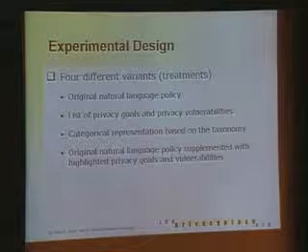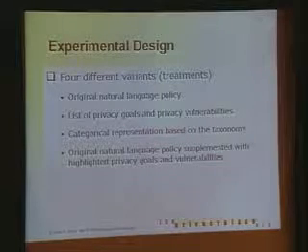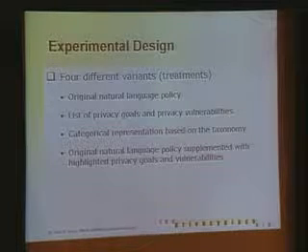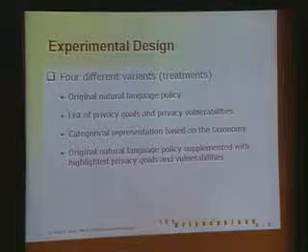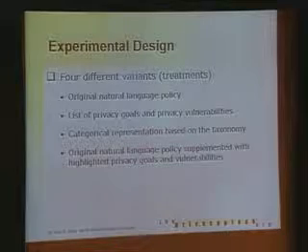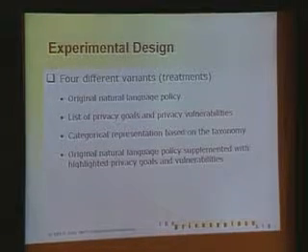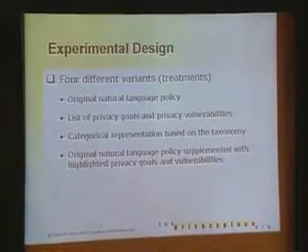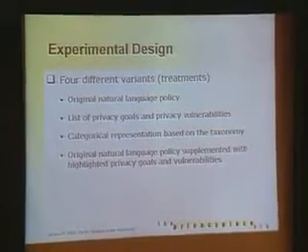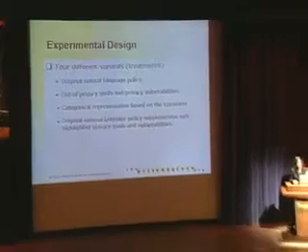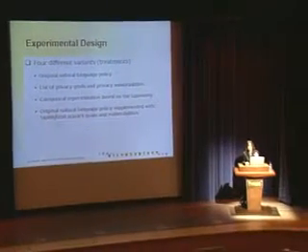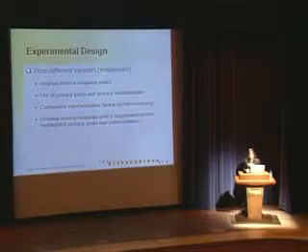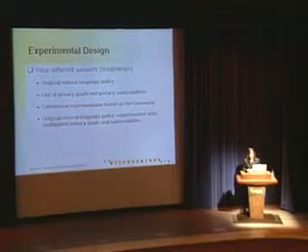And the first variant was just the original natural language policy that is commonly used today. So if you choose any given website, Amazon's website, eBay's website, any website, more than likely it's going to have just a plain natural language privacy policy. So that's what we started with. And to compare to that, what we did is we took that same policy and turned it into a list of privacy goals and vulnerabilities based on our taxonomy that we created.